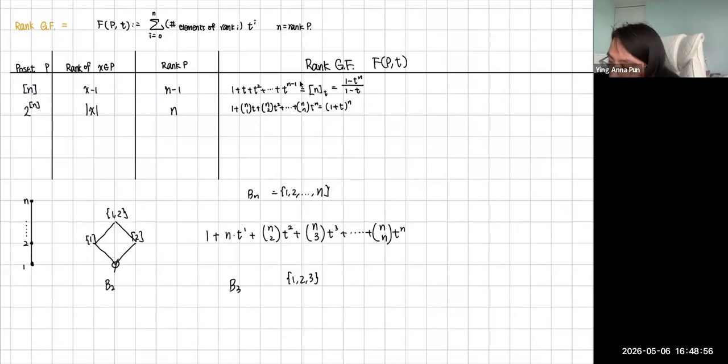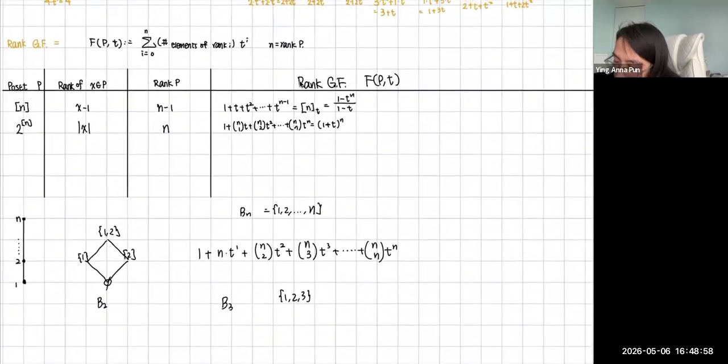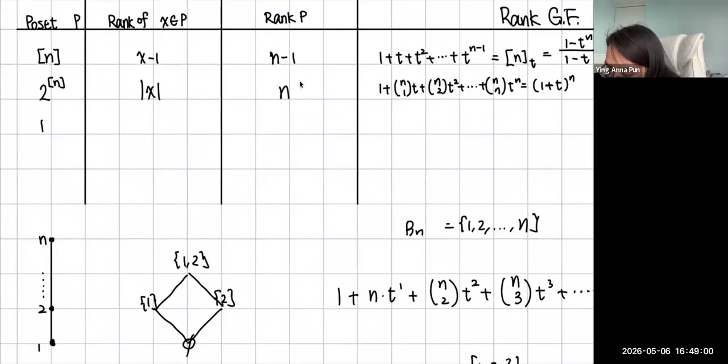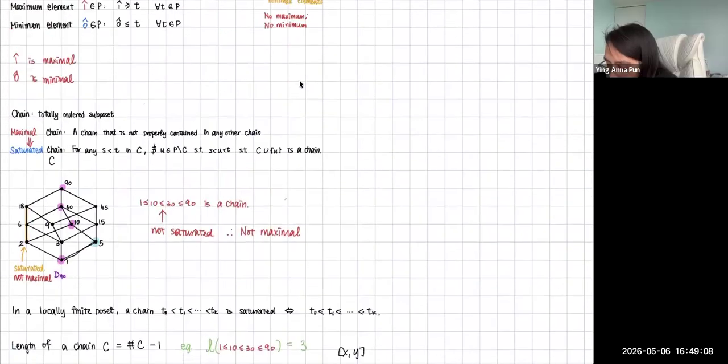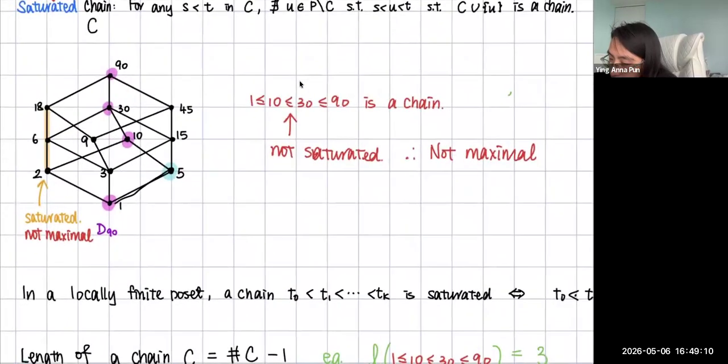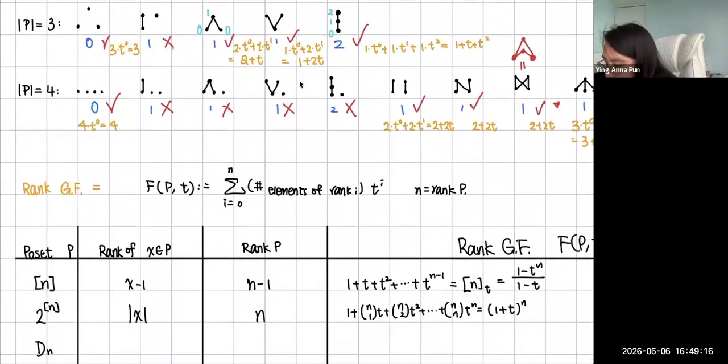The next one that I want to talk about is the divisibility one, the Dn. If I give you an element, let's go back and look at one example. Let's say we look at D90 here. Let me just copy and paste it here.